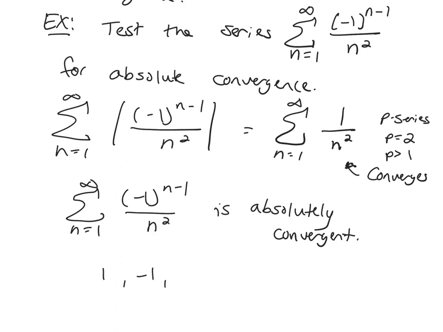And then you get 1, -1, and it's an alternating series, right? But you just need the absolute value of it. So what's the absolute value of the numbers in the numerator? 1. Because either the numerator was 1 to begin with, the absolute value of 1 is 1, or it's -1, and the absolute value of -1 is also 1.